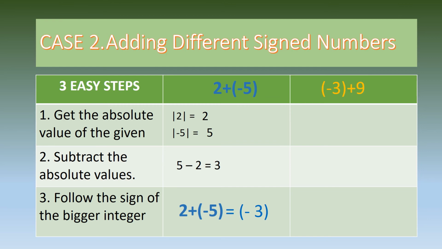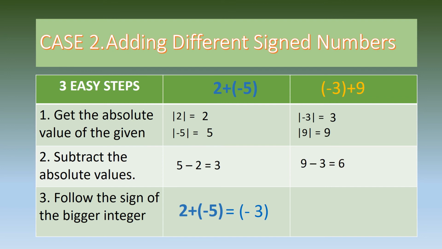-3 plus 9. What is the absolute value of -3? It's 3. How about the absolute value of 9? It's 9. Step 2, subtract the absolute values. 9 minus 3 is equal to 6.